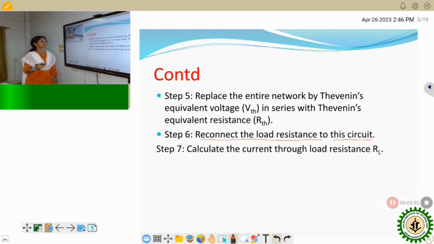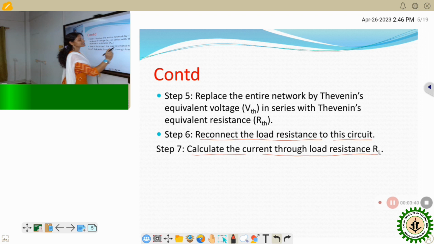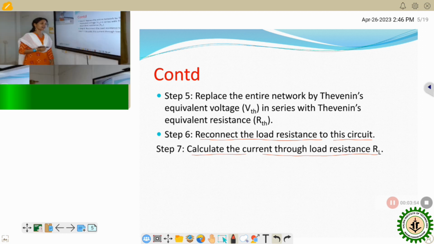After reconnecting the load resistance to the circuit, this is the last step, calculate the current through the load resistance RL, that is, suppose IL. So these are the steps to calculate VTH and RTH.